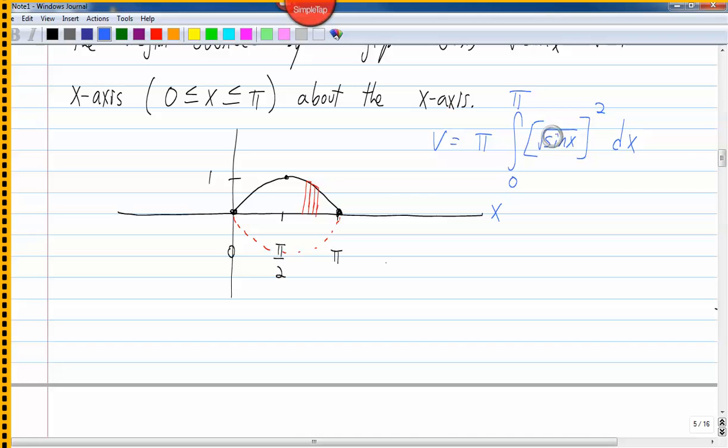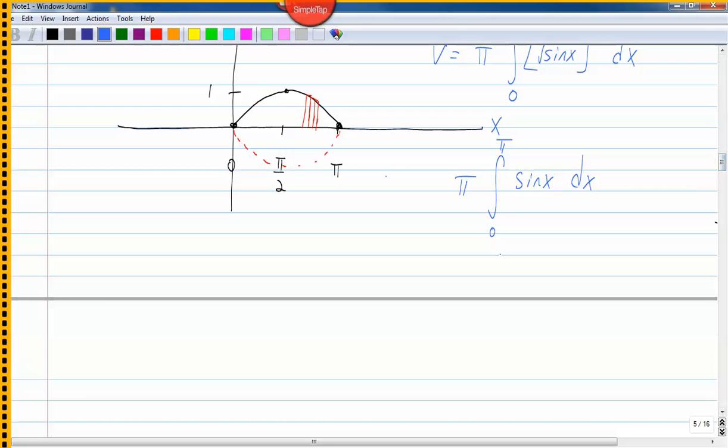All right, so square that. When you square the square root of sine, what do you get? Sine. So we're integrating sine. The integral of sine is negative cosine. There is a pi in front, so you just bring that down. This isn't pi minus cosine.